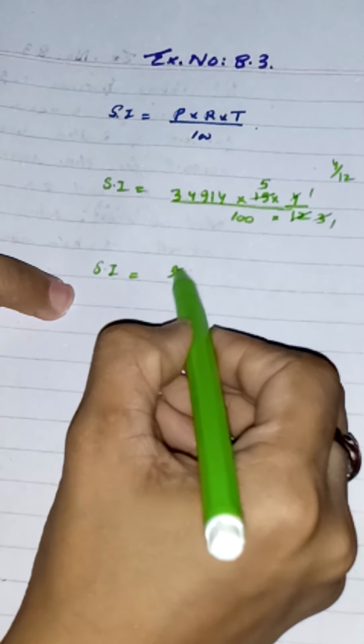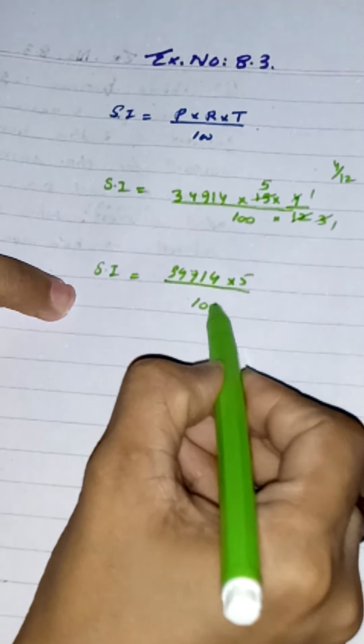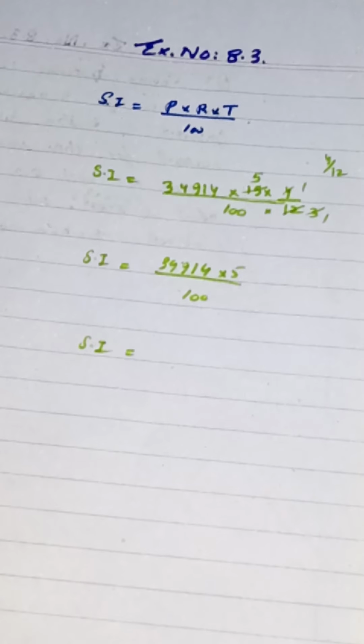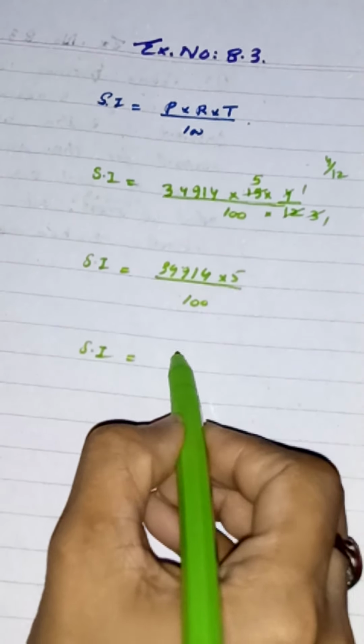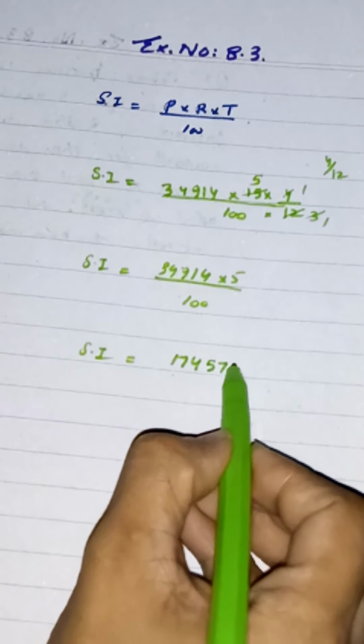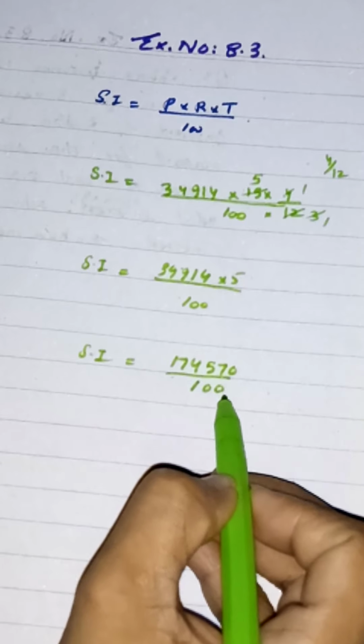So 34,914 multiplied by 5 upon 100. 34,914 multiplied by 5 is equal to 174,570, upon 100.